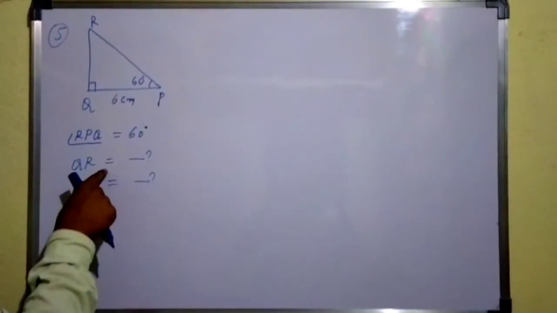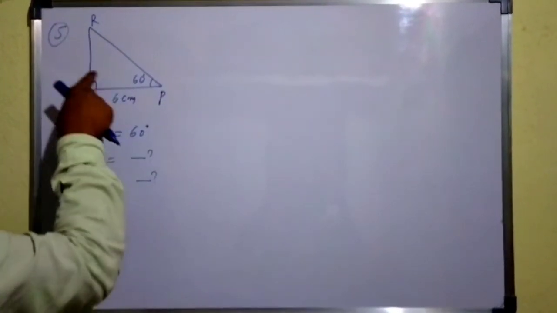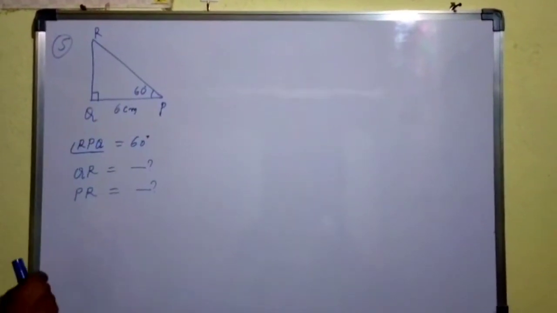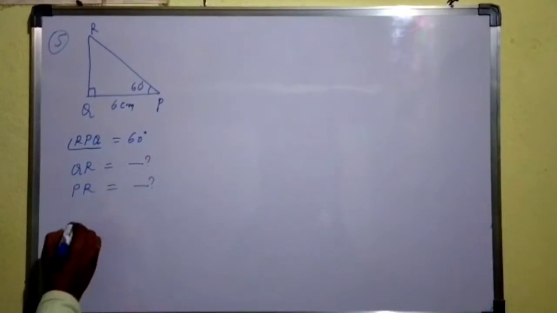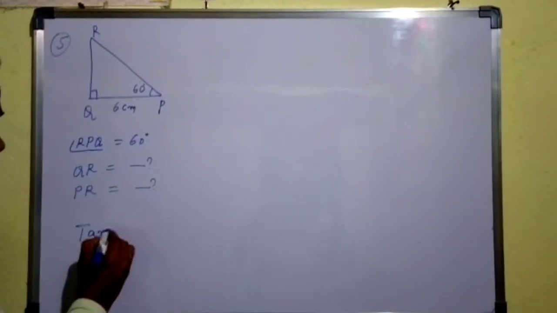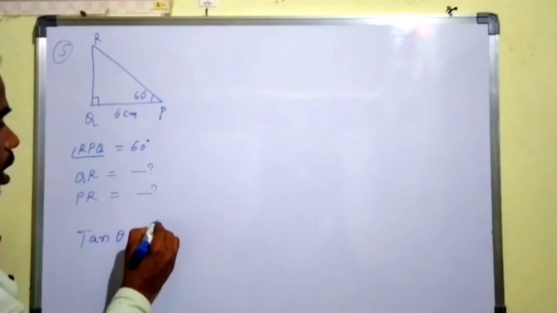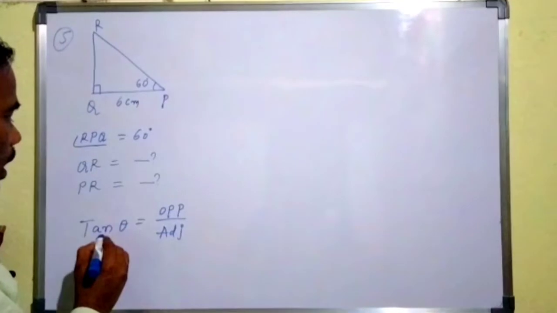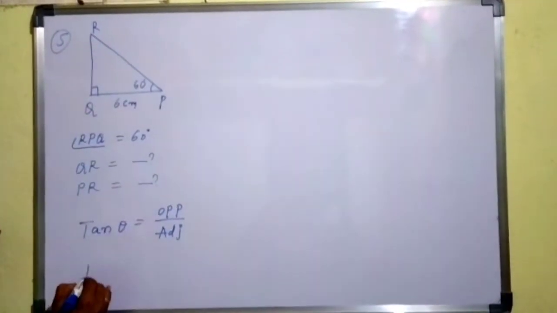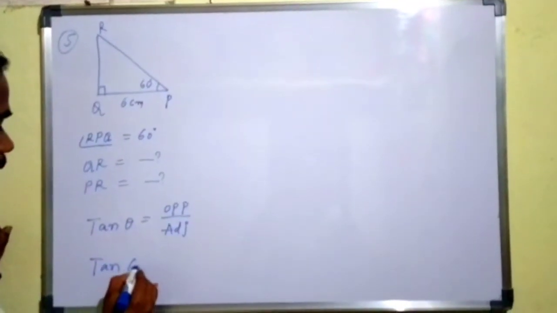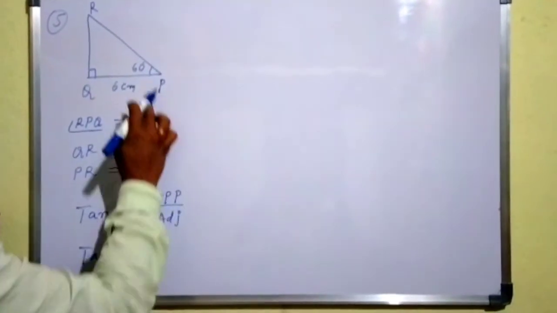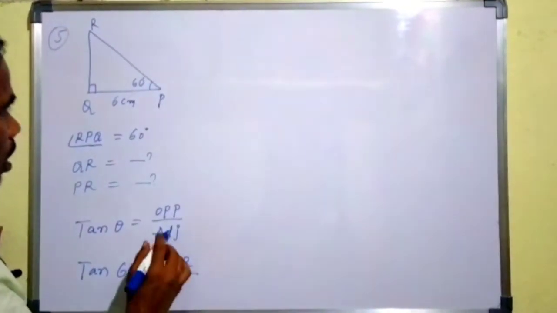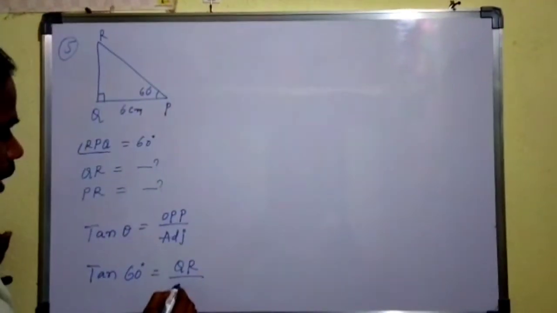It is asking for QR, so the relation between this side and this side is tan theta. Tan theta is equal to opposite side by adjacent side. So tan 60 degrees is equal to the opposite side, QR length, by the adjacent side, QP length.